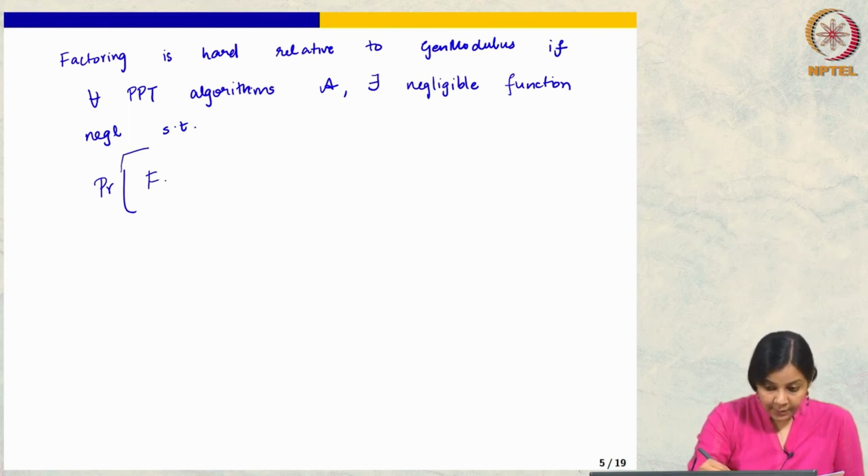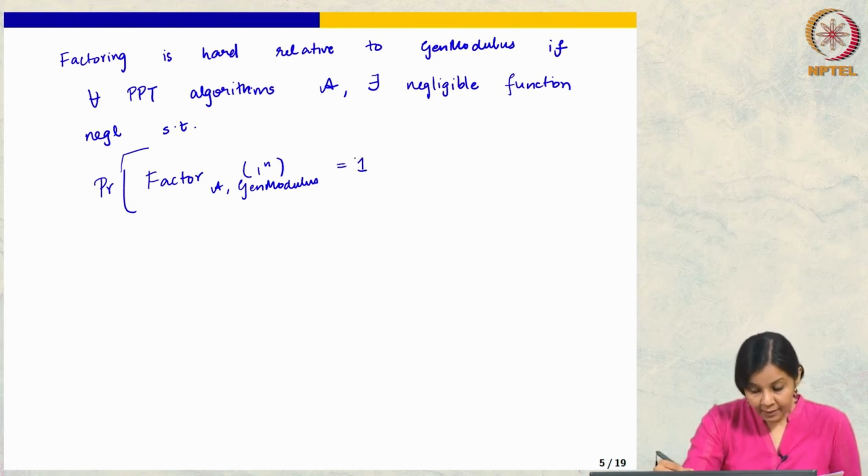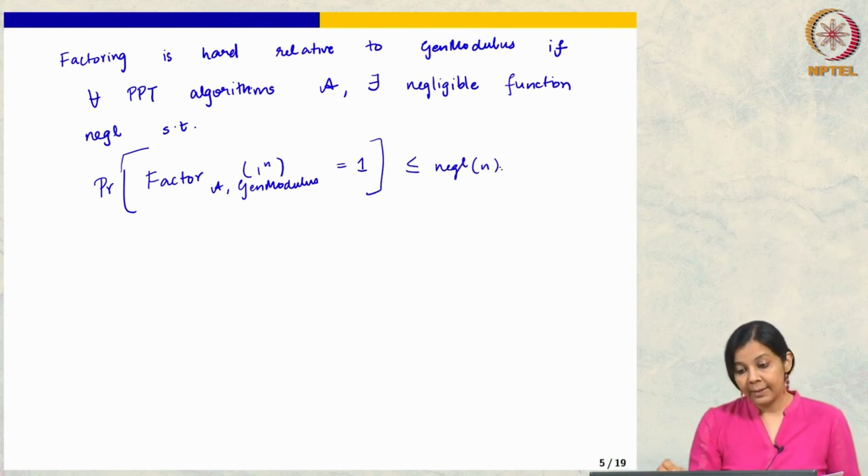So, the probability that this factoring experiment for this A and this gen modulus, given some 1 to the n, the probability that this experiment outputs 1 is negligible in n.